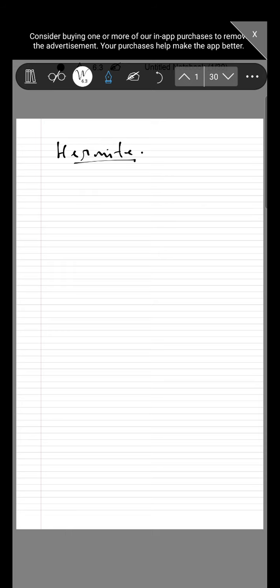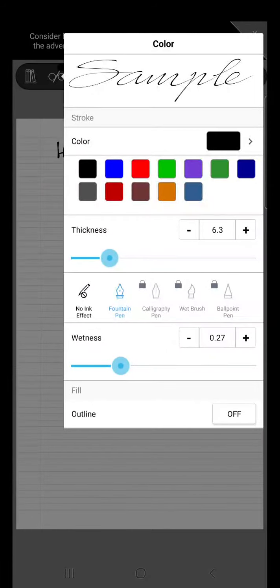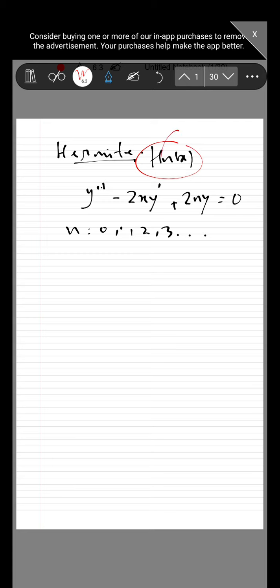So the Hermite polynomial, or whatever you can call it, H n of x, is actually a solution of a differential equation which is called the Hermite differential equation, and it is given as y double dash minus 2x y dash plus 2n y is equal to 0, where n is 0, 1, 2, 3 and so on. And this is the Hermite polynomial, and n is actually the degree.